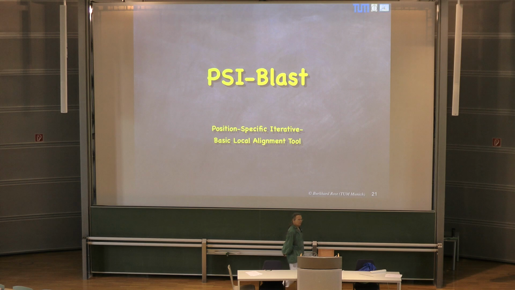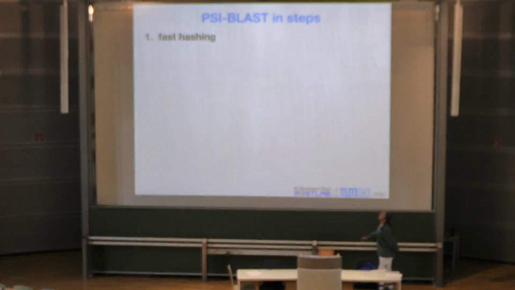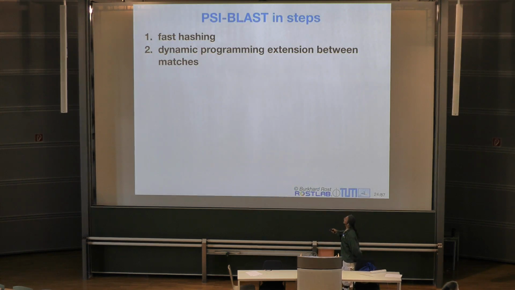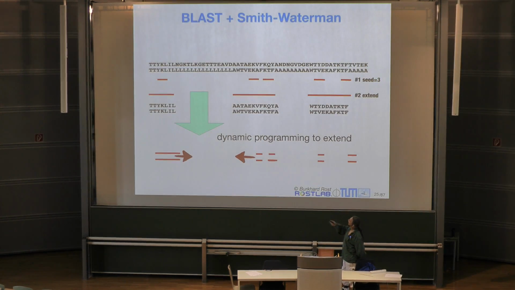Okay, let's get into position specific iteration for BLAST. So I presented BLAST as a fast hashing method that ultimately starts with words, matches words, then extends these words into longer alignments by using dynamic programming. That's the dynamic programming part, making it longer.